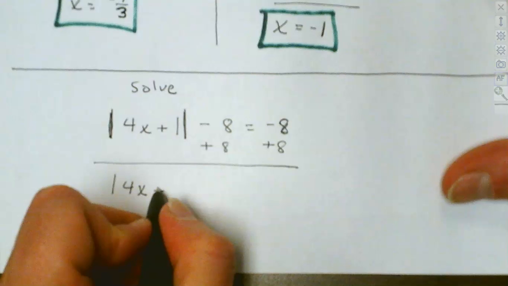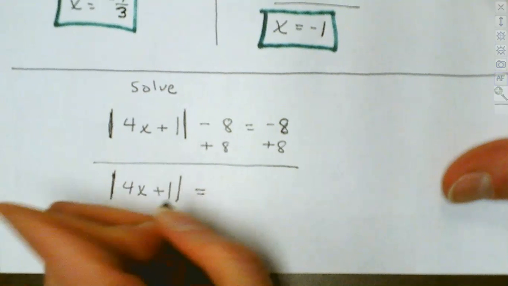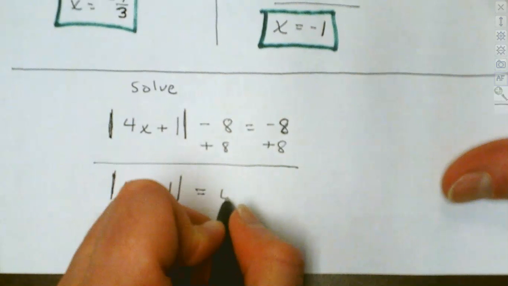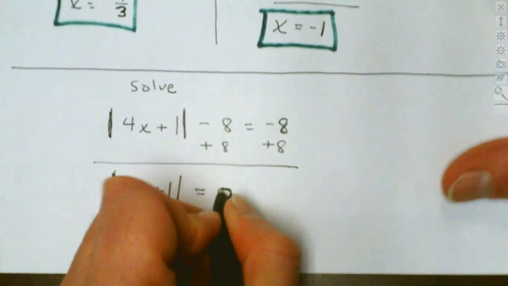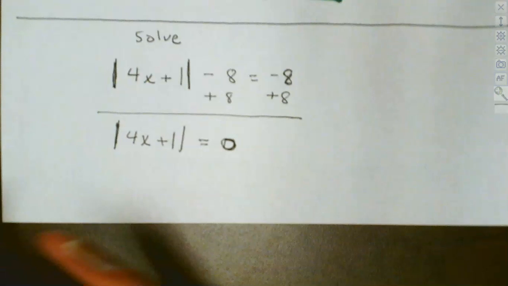Now, how is this one different? Well, when we add that 8, a positive and a negative, they cancel out, and that leaves you with a 0. Now, normally we get 2 solutions, right? One positive to solve, one negative equation to solve. But now 0 has no sign. 0 is an unsigned number, so all we have is one equation.